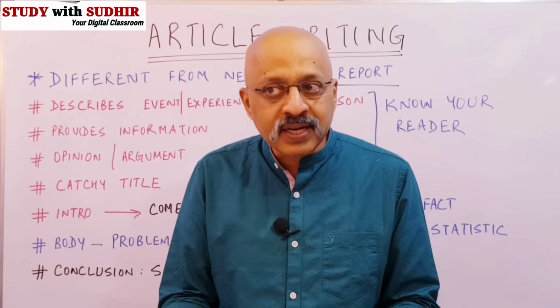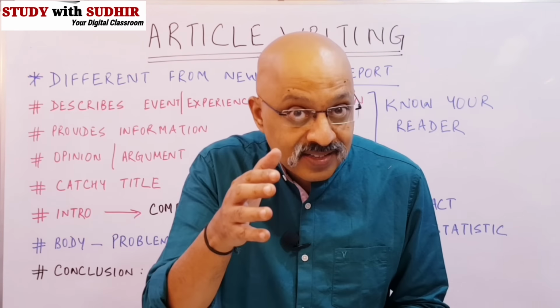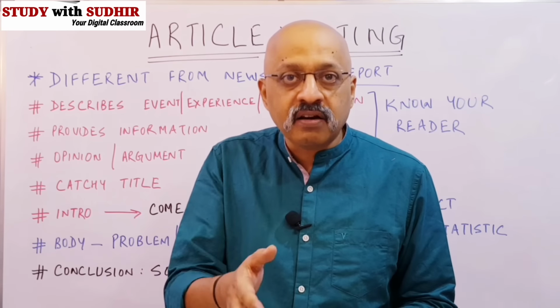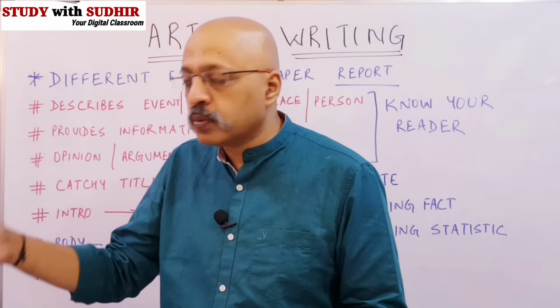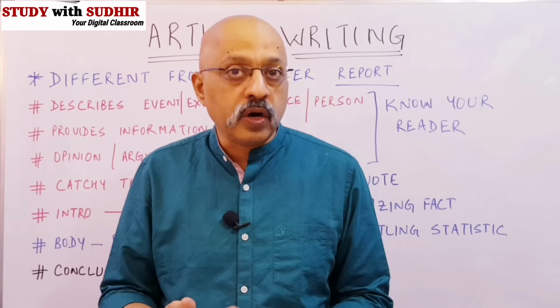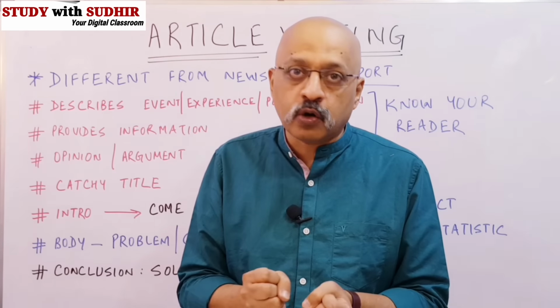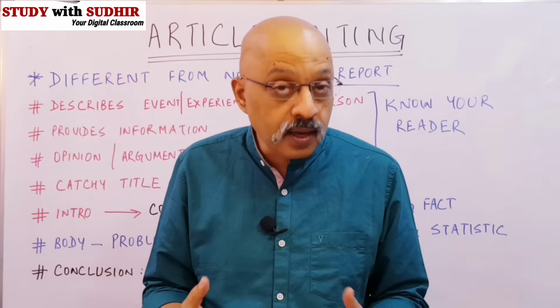You know, start an article unlike a newspaper report. A newspaper report attacks the subject straight and says, a railway accident took place near Bhubaneswar on Thursday morning. That kind of a thing. But an article gives you the scope to have a slightly softer way of starting the topic.